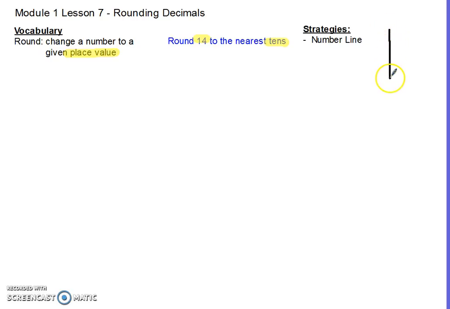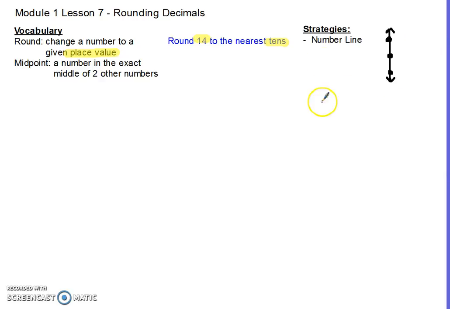We drew it up and down, but you can also draw it side to side. When you draw your number line, you have a starting point down on the bottom, and you also have an end point at the top. Then we talked about this point in the middle that's called a midpoint. A midpoint is a number that is in the exact middle of two other numbers.